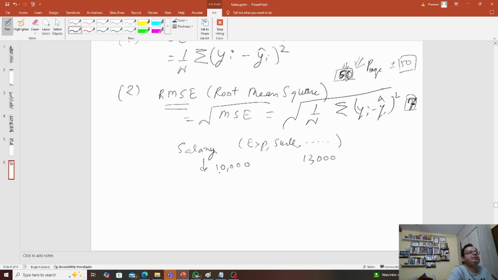Or you find out the salary is 95,000 and it is actually 125,000. Just to make it a little easier, let me say this is 100,000 and this is 120,000. In the first case your difference is 2,000. In this case also the difference is 20,000.